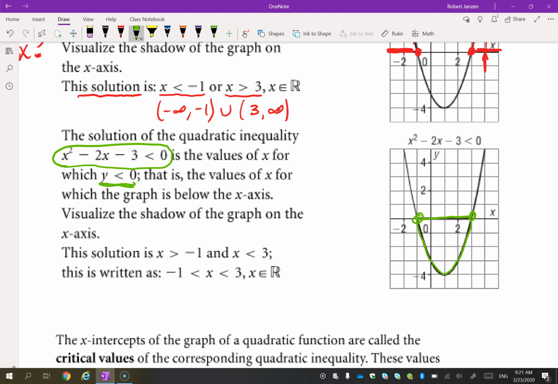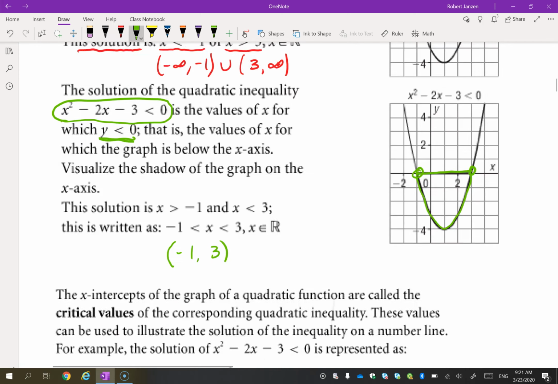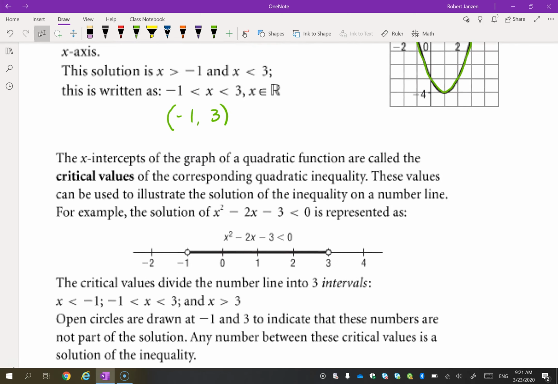What are the x values that will give us a y value less than 0? And we would write that from -1 to 3. By the way, why am I not using square brackets? Well, the reason I'm using round brackets is because it's only less than 0. It's not equal to 0. We will do ones where they're equal to 0.